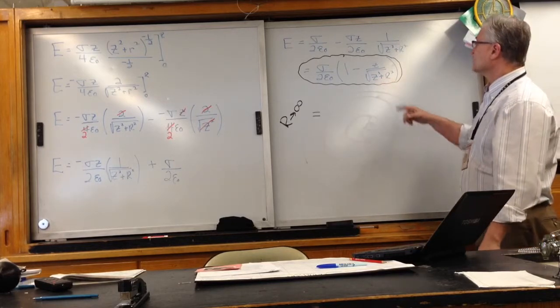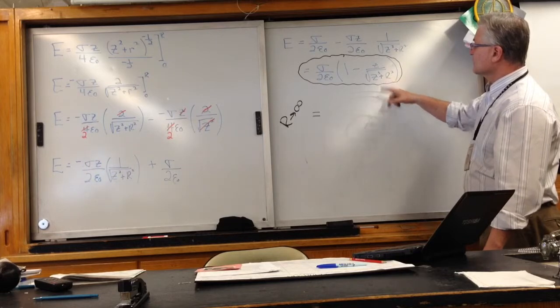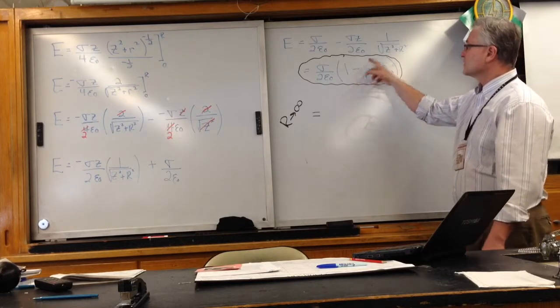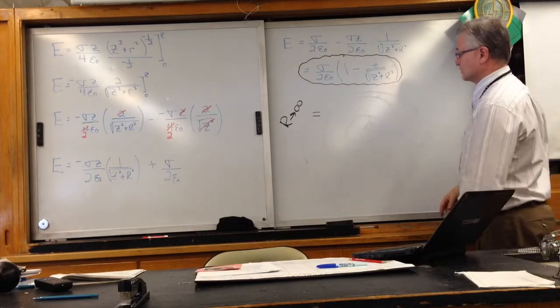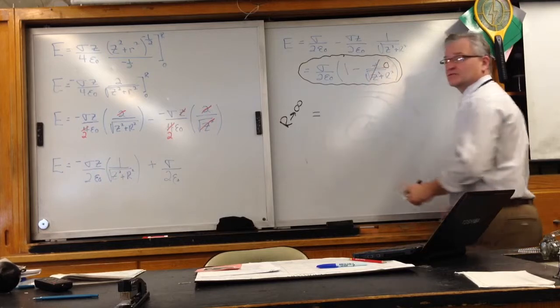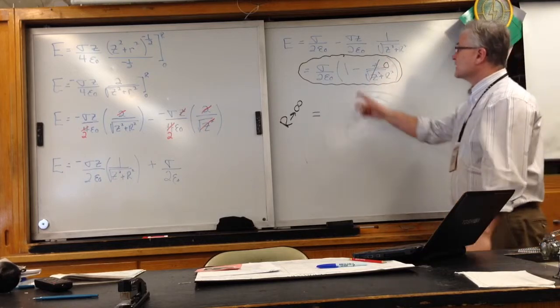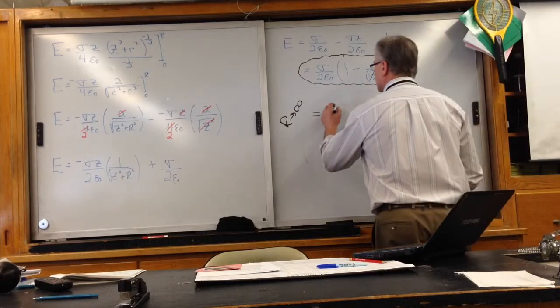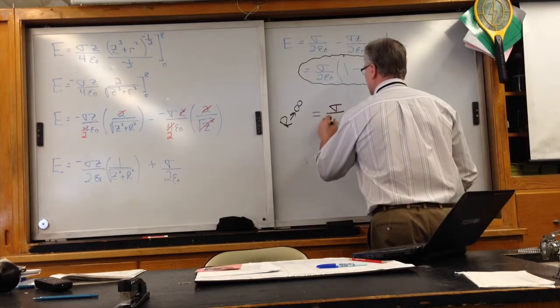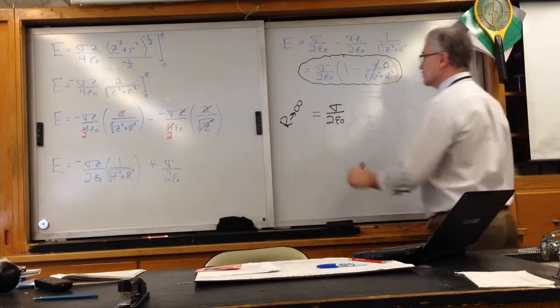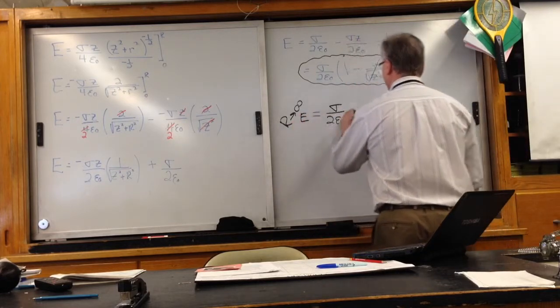So if we do that, this is going to get larger and larger and larger, and we're going to end up with a 0 term. As this gets huge, this is going to become 0, like the way it should be. Now 1 minus 0 is just 1, and then 1 times that is going to end up being sigma divided by 2 epsilon naught.